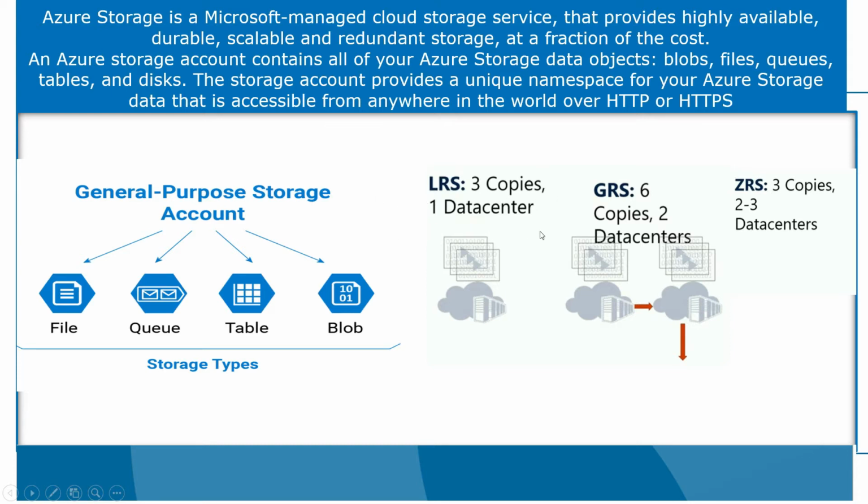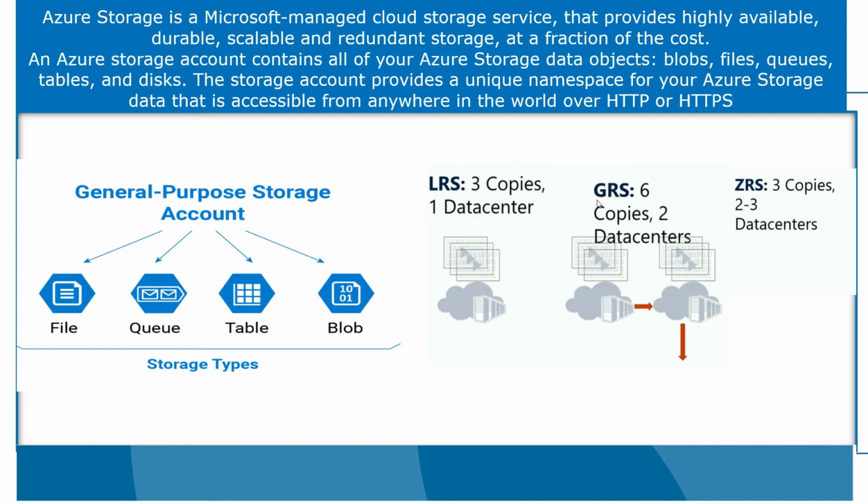In that case it makes three copies over there. So LRS works inside only one data center and makes three copies of each data file. Got it? If something happens to this data center in South India, where I put one document and it made three copies in one data center, it will collapse. So LRS works in only one data center.